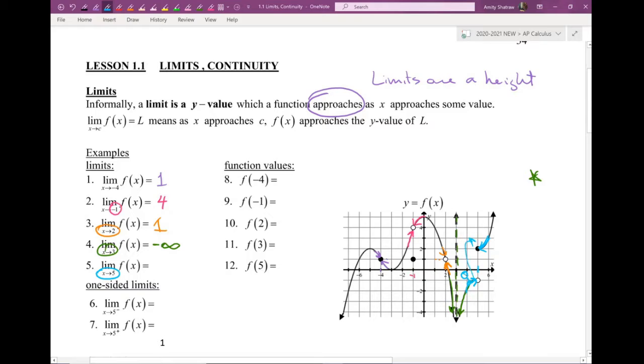So I call that a jump discontinuity. And that means that the limit does not exist. They must match, both sides must come to the same number.